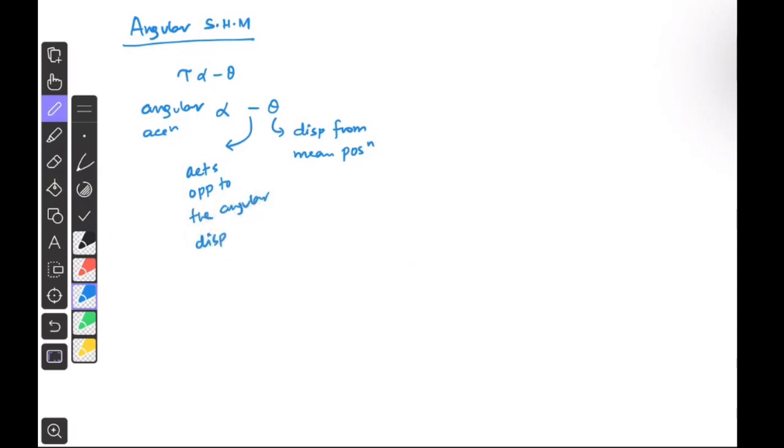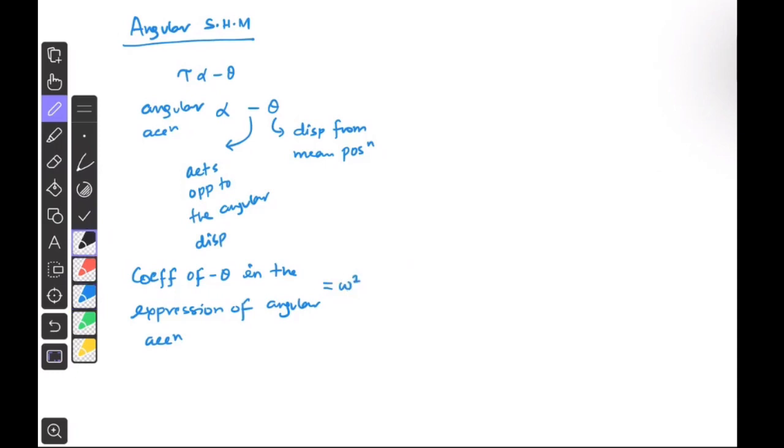And in the same way, whatever was the coefficient of minus x there, the coefficient of minus theta in the expression of angular acceleration will be our omega square.